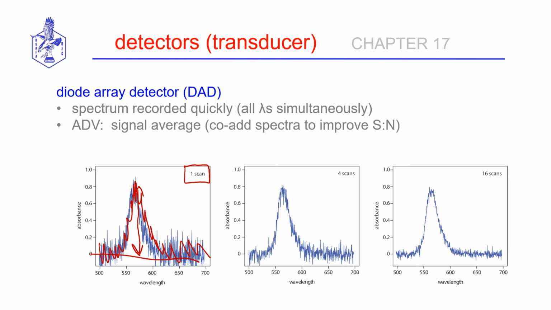So I can co-add multiple spectra. Since it only takes a fraction of a second to collect the spectrum, instead of collecting one, I can collect 4. If this is true random noise, the baseline is going to smooth out more, and I'll be able to get better data. 16 scans gives me a much smoother spectrum.